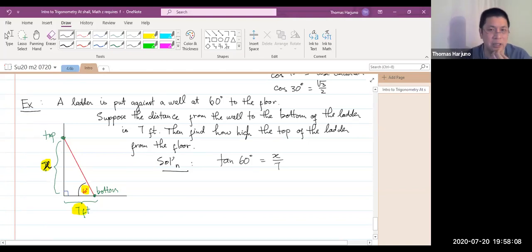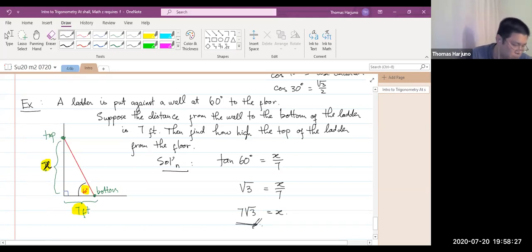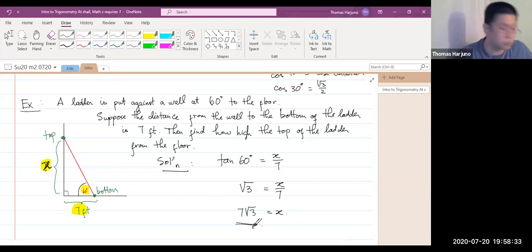Now, because 60 degrees is a special angle, then tangent 60 degrees should be given in exact form, square root of 3. Don't use decimal. So 7 radical 3 equals x. That's how you do it.